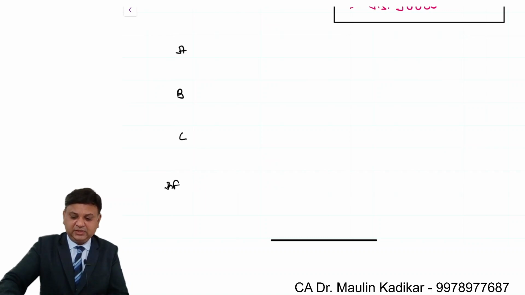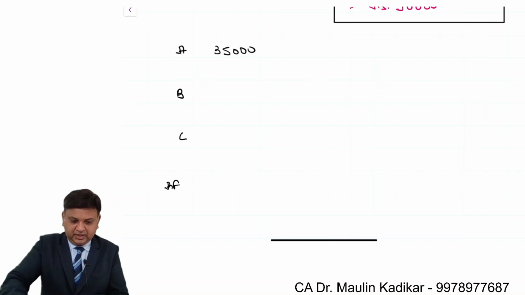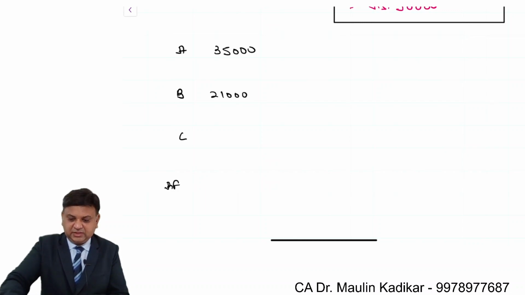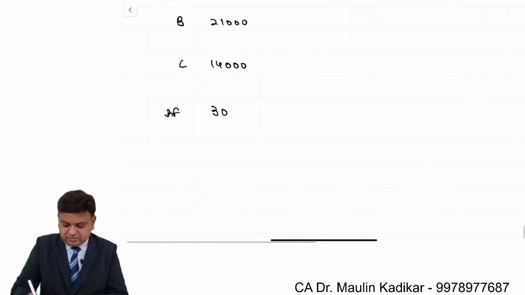So it is 50,000 minus 30%, that comes to 35,000. 30,000 minus 30% comes to 21,000. Then 20,000 minus 30% comes to 14,000. And this is of course 30,000.